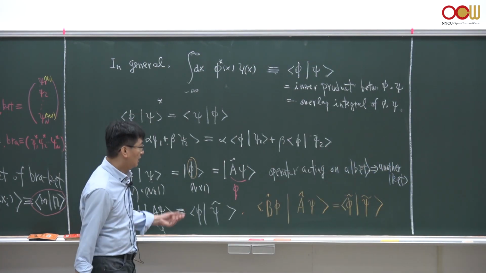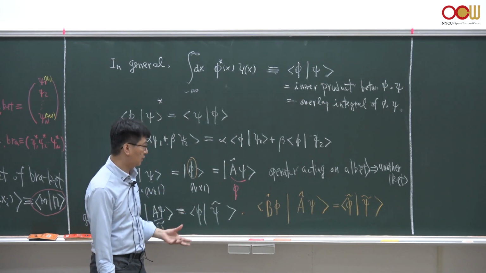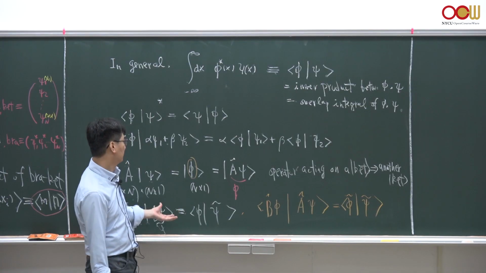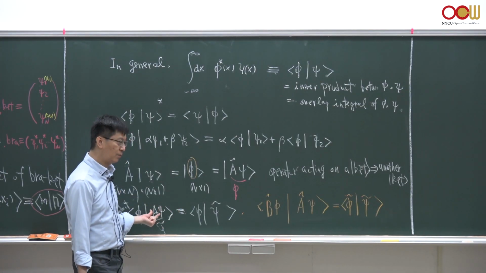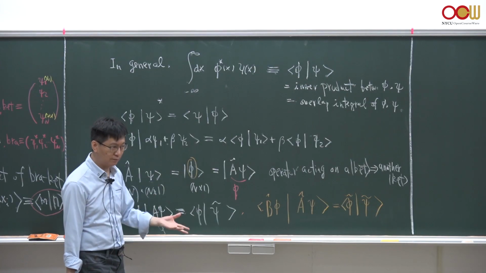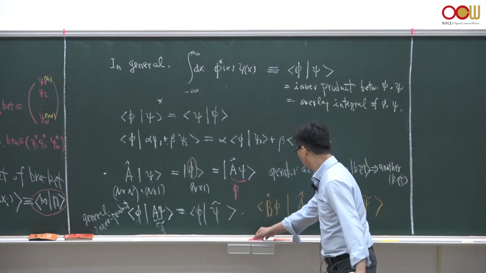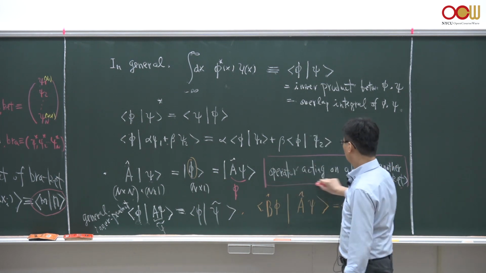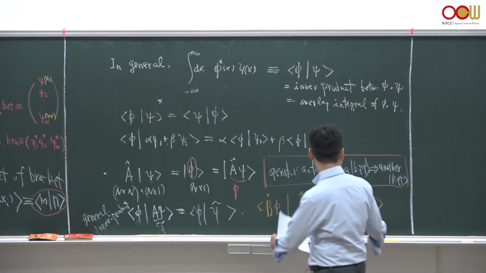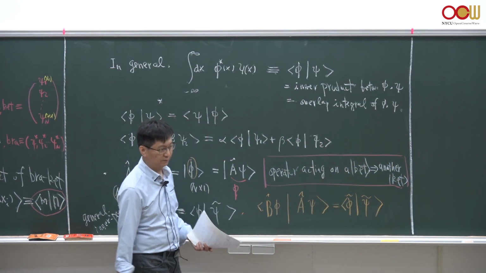Yes? In other words, any Dirac bra or ket could be considered as the operation of any operator A or B acting on some ket or bra state. So this concept is really, really useful, which we emphasize many, many times. An operator acting on some Dirac state or some quantum state is another quantum state.